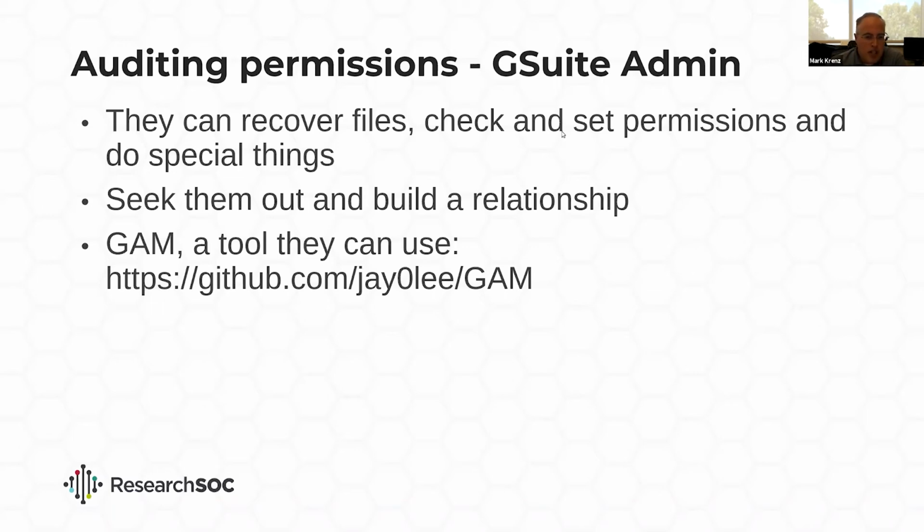There's a tool that they can use called GAM that allows them to do a lot of things across the G Suite application set, not just Google Drive, and do it in an automated way so that they can quickly look at a bunch of permissions, quickly change a bunch of permissions, quickly recover a bunch of things and stuff like that.